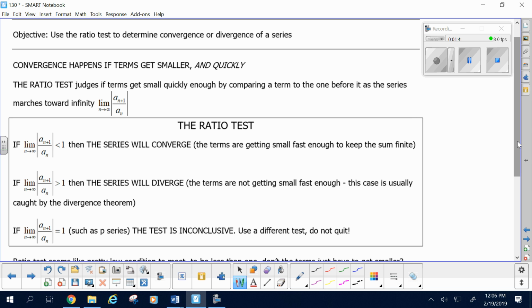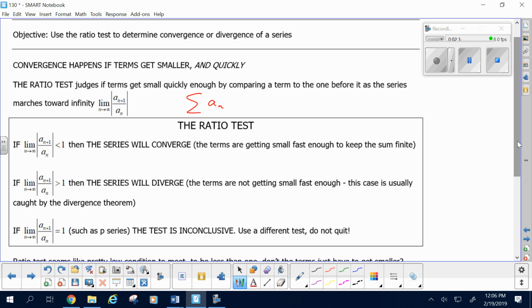You compare a later term, given the formula for how terms are generated, to the one before it, the n plus 1 term to the nth term. And you say, what about that ratio? Well, if that ratio is less than 1, that implies that a later term is less than an earlier term, and it will converge.